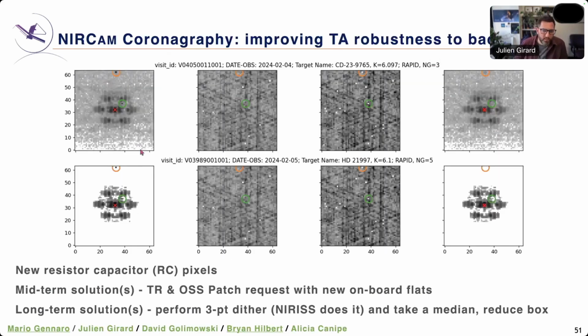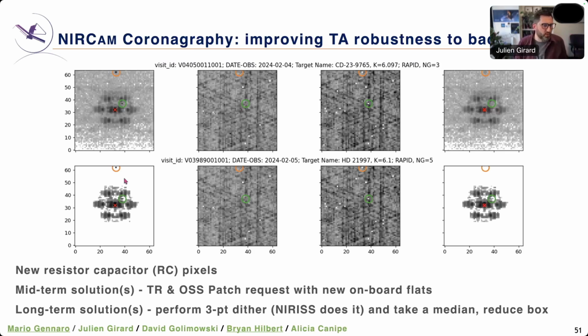And now we have basically a target acquisition which is performing a 3-point dither. Basically, we lost a small fraction of the time. There were failures of target acquisition due to new bad pixels that were coming in the target acquisition subarray. You have to know that the way it's been done is that once in a while only you change some kind of bad pixel map and flat.